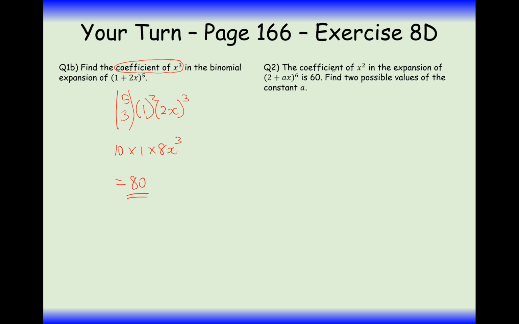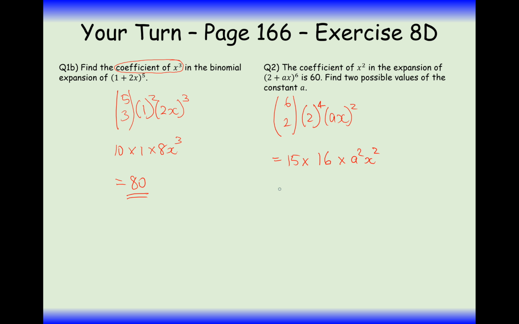Okay, question 2 here, the coefficient on x squared of this expansion here is 60. Find the two possible values of a. So if we need the x term to be squared, then we need ax to be squared. We're going to need the 2 to have its power add up to make 6, so that's 4. And then we're going to need 6 choose 2. 6 choose 2 is 15, 2 to the power of 4 is 16, times a squared x squared.